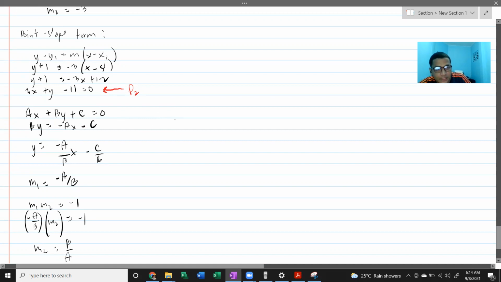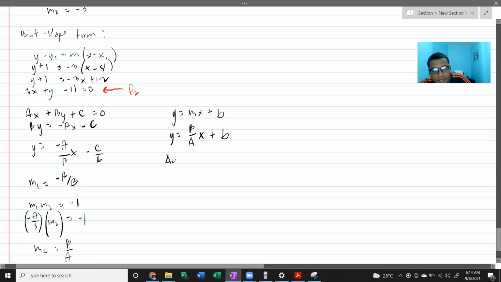So let's say that our line 2 is y equals mx plus b. Let's substitute the slope of line 2. We have y equals b/a x plus, let's call this any b, and let's multiply it by a.